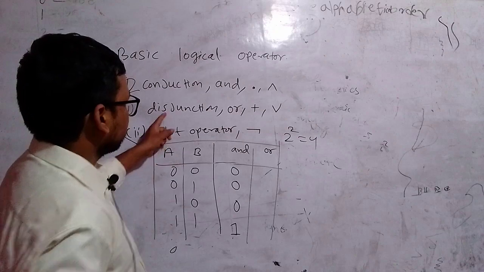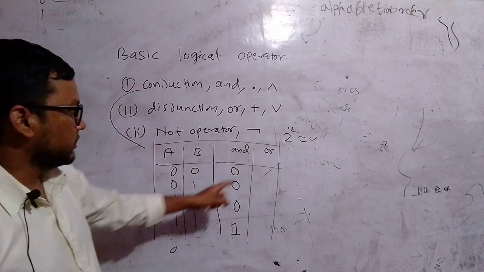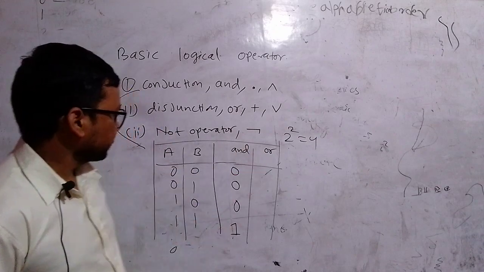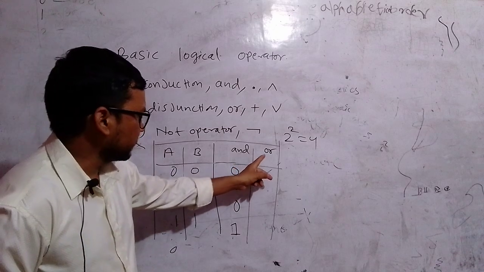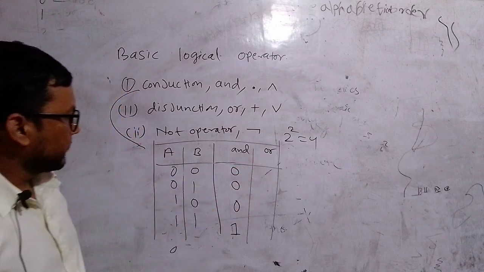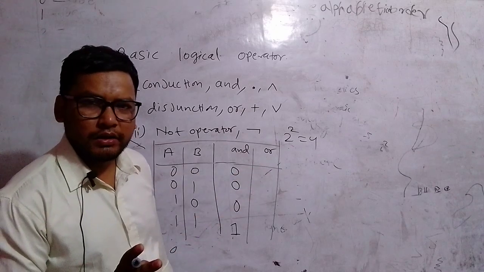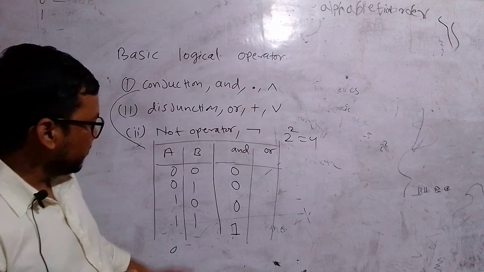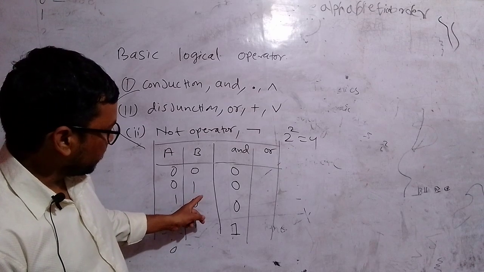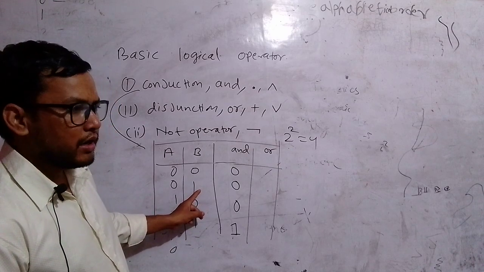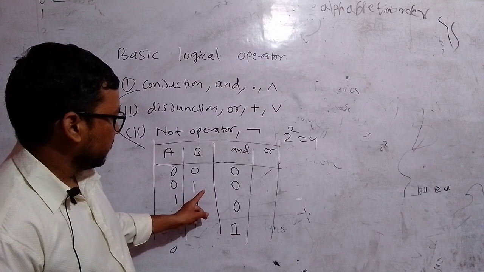Now the OR operator, the disjunction operator. What does the disjunction operator do? The disjunction operator gives output 1 if it encounters any one input having 1.